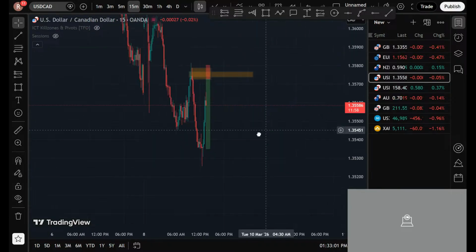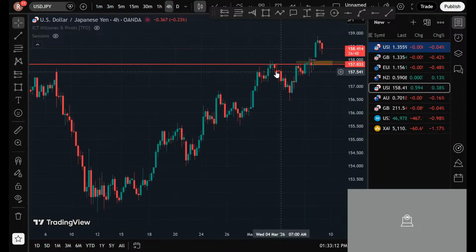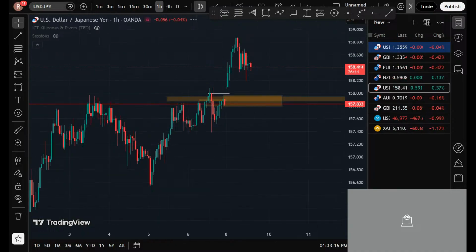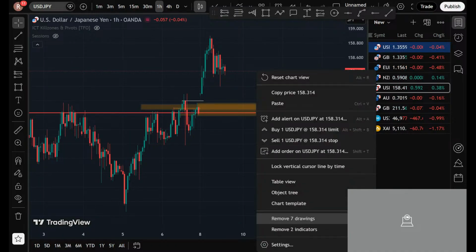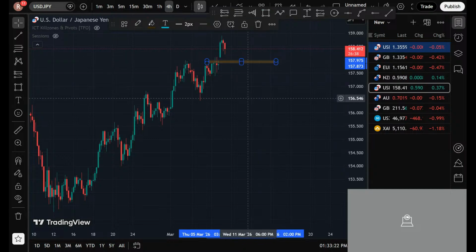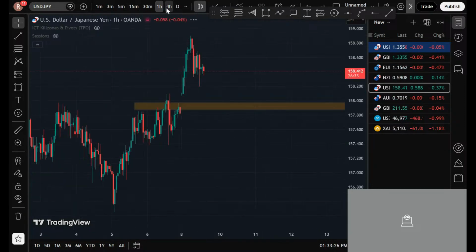So yes, USD CAD sell side. So let's analyze USD JPY. USD JPY, what we can see, complete bullish bias. What we can see in hourly and 4 hour, this zone looks valid. 15 minute, do we have any order flow here? It's very far.